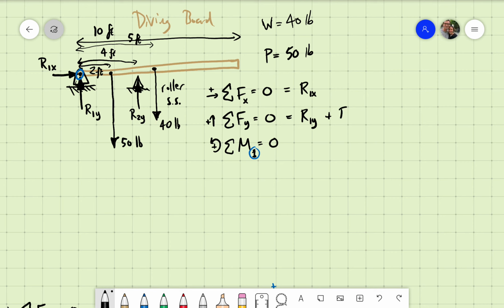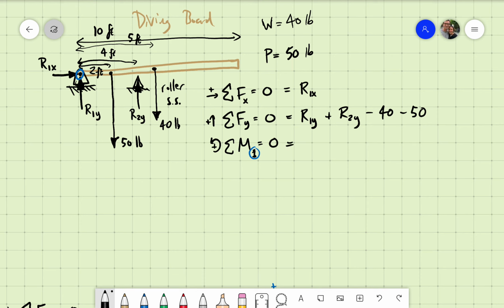We have R2y pointing in the positive direction. We have negative 40 pounds for the self-weight of the board itself, and we have negative 50 pounds of a person standing on the board. Notice that the location of the standing doesn't make any difference for the vertical force sum. But it does for the moments.